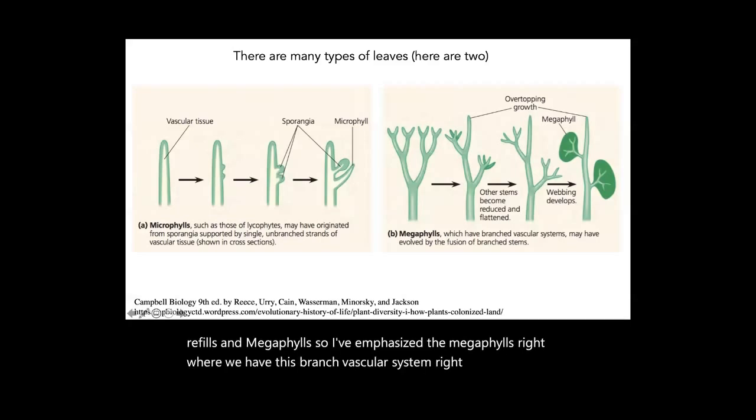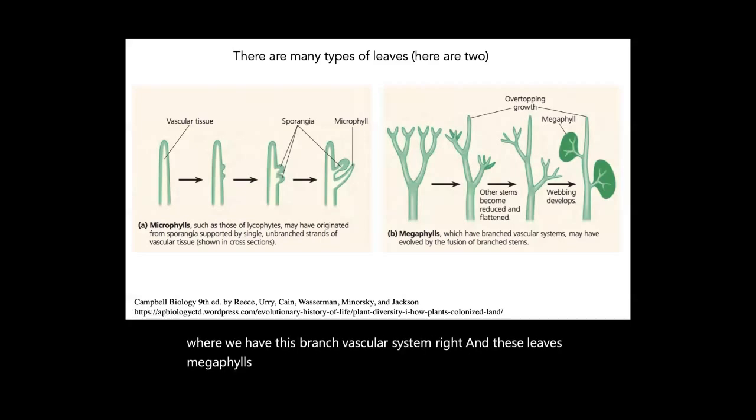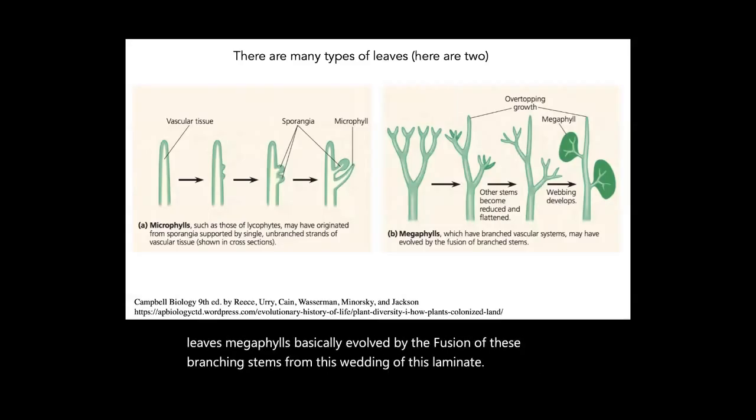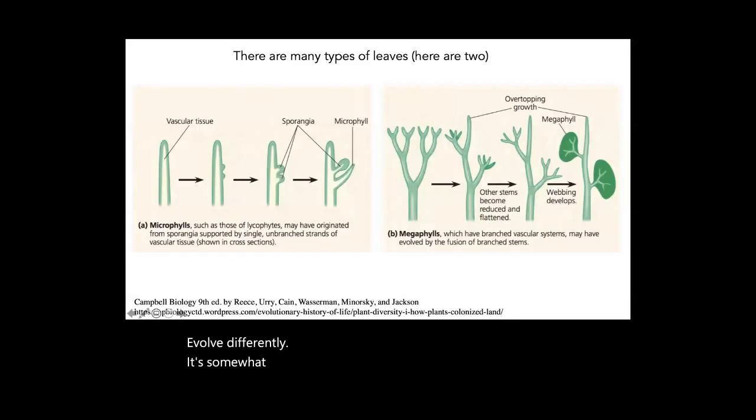And these leaves, megaphylls, basically evolved by the fusion of these branching stems through this webbing of the lamina. Now, on the other hand, a microphyll evolved differently. It's somewhat similar, but developmentally, these are very different leaves. So we have these initial branches of these early land plants.